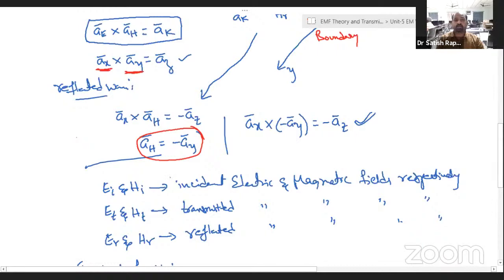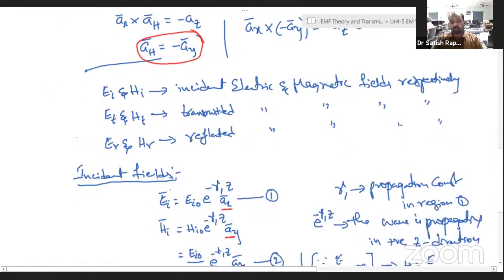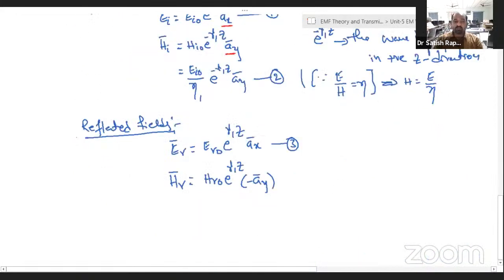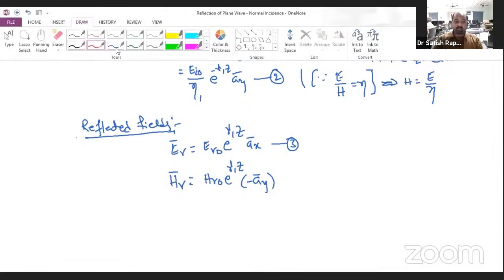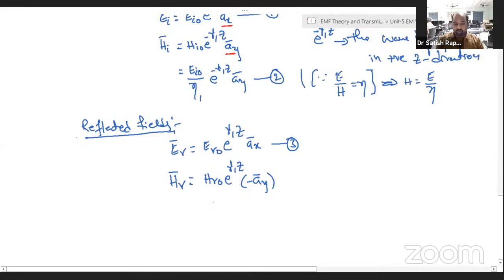Therefore the direction of the magnetic field is minus Ay bar, and this can be written as minus Er naught by eta 1 e power gamma 1 z Ay bar.